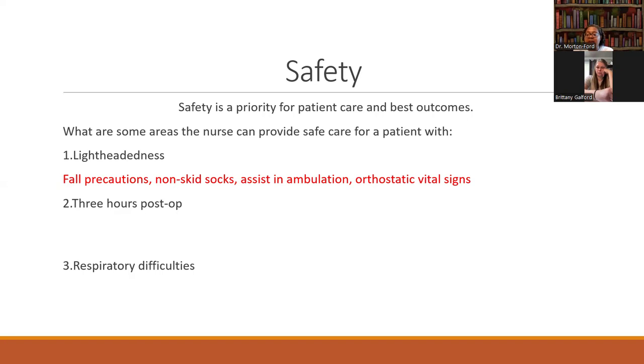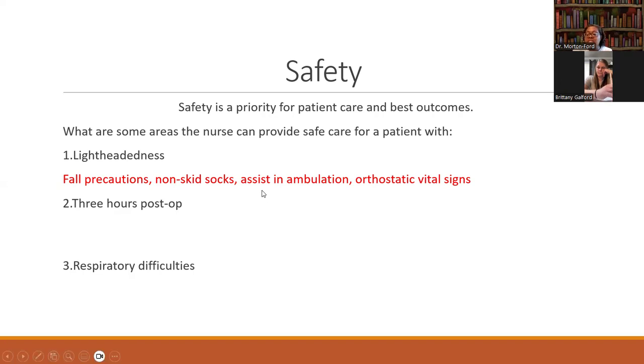Those non-skid socks, make sure that they have on those grip shoes. If they don't have the non-skid socks on, make sure they have on shoes that have grip under the bottom, not those flip shoes. If they have an issue with ambulation, their gait being steady or unsteady, want to make sure that they're wearing good shoes. For example, they may not need flip-flops. They may need a shoe that ties up, and make sure that those laces are tied.